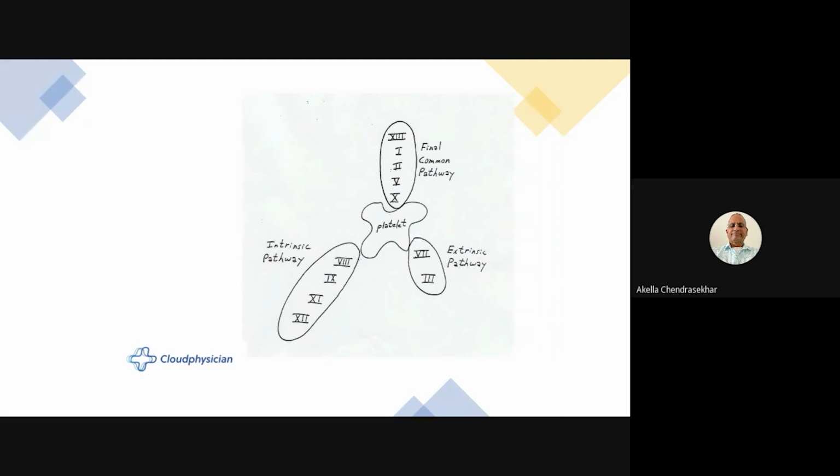Now, which is more common? We talk about heparin all the time, but that affects the intrinsic pathway. Really speaking, the extrinsic is the most common pathway that we use. Now, the common pathway, what you see in the middle, is really the final endpoint. So again, something to think about.